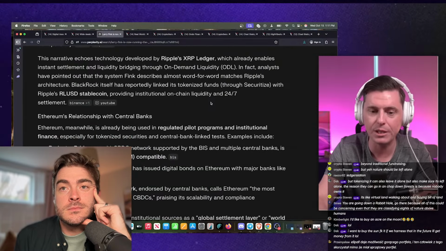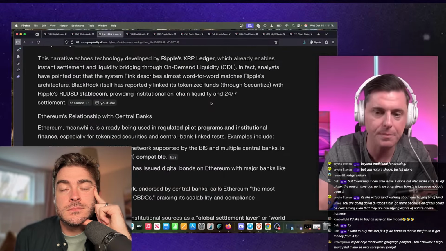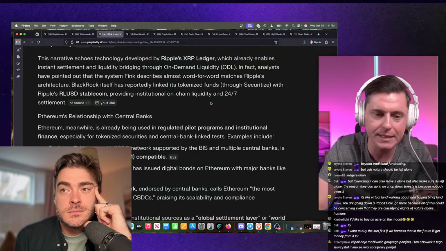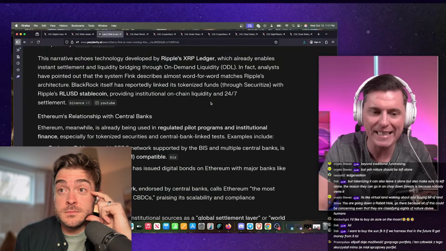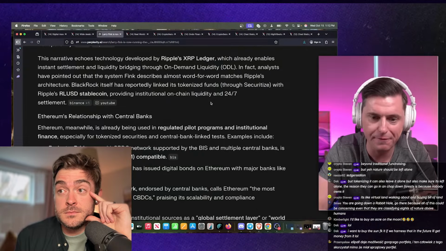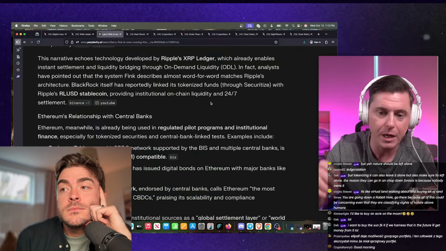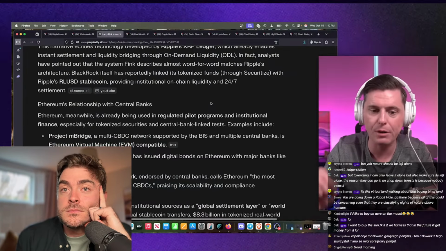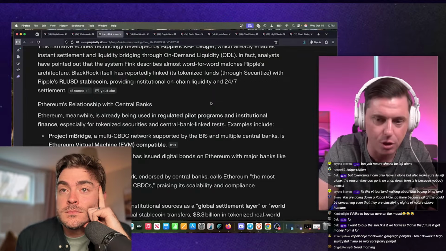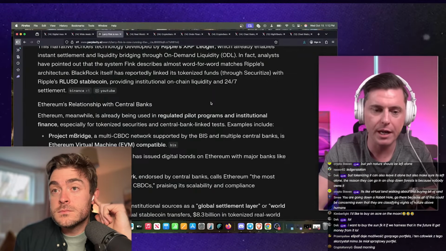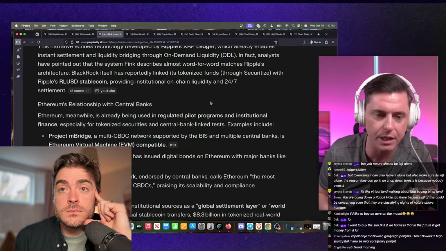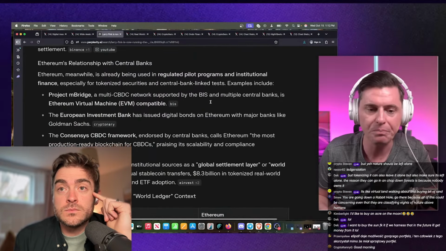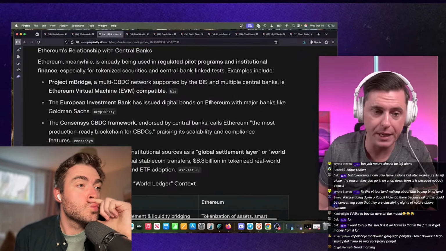This narrative echoes technology developed by Ripple's XRP ledger, which already enables instant settlement and liquidity, bridging through on-demand liquidity. In fact, analysts have pointed out that the system Fink describes almost word for word matches Ripple's architecture. BlackRock itself has reportedly linked its tokenized funds through Securitize with Ripple's USD stablecoin, providing institutional on-chain liquidity and 24/7 settlement.